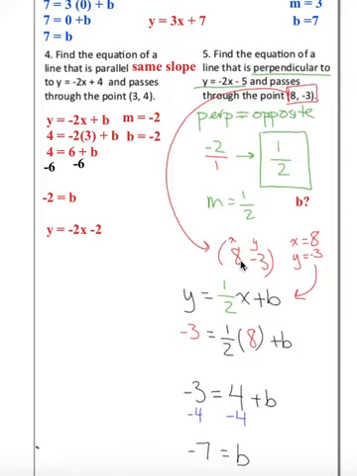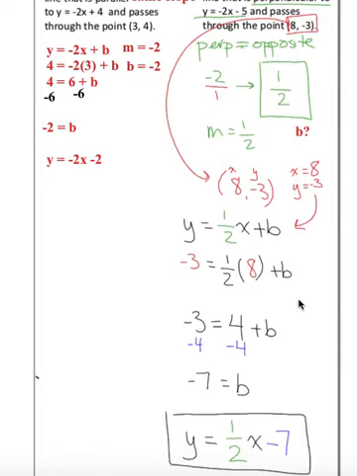And we're now going to take each of these points, the x point and the y point, and plug it into this equation. So negative 3 is put into the y spot, 8 is put into the x spot, and we now calculate to find b. So we get negative 3 equals 4, because 8 times 1/2 is 4.